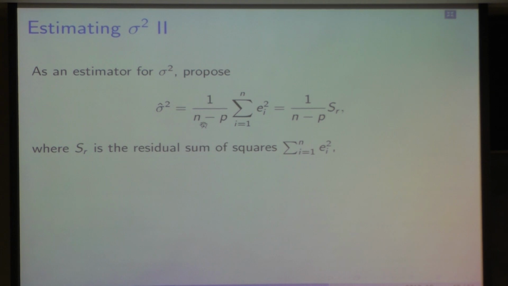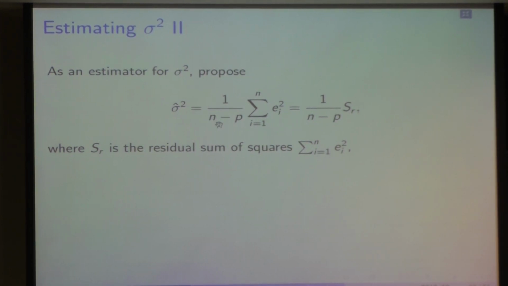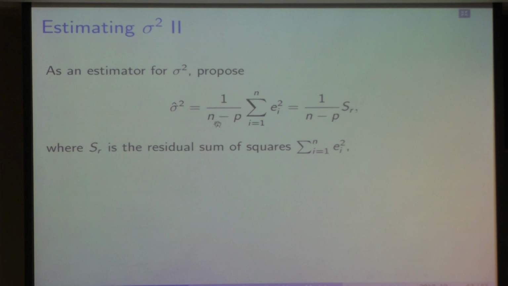So let's see that now on the next slide. That suggested that taking the sum of the squares of the residuals in the fitted model and dividing by n minus p gives us something whose expectation is sigma squared times n minus p divided by n minus p, which is sigma squared.